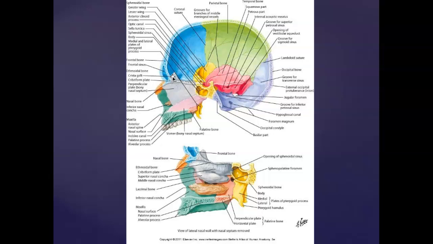The superior and middle nasal concha. These are shells of bone covering those lateral masses. When air is inhaled through the nose, it will create turbulence, and that's good because it helps to filter and humidify.